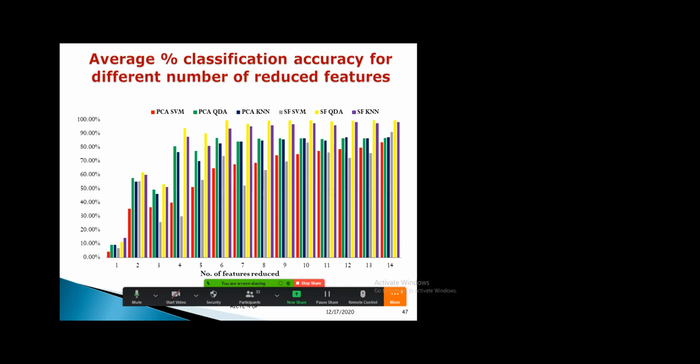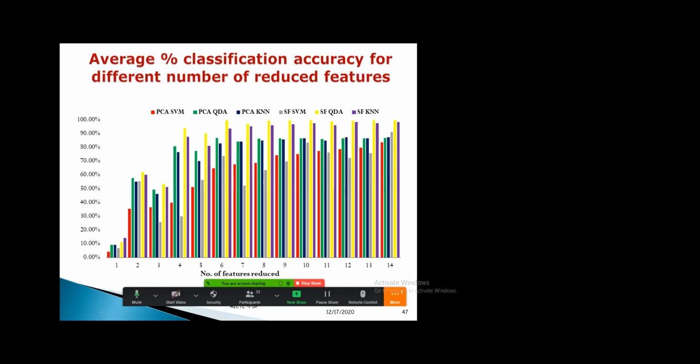So here, if you can see, we have done this experimentation. Around 10 features, we got stable values for our system. We used eight features, nine features as well, but around 10 we got the best result for our sparse filtering.